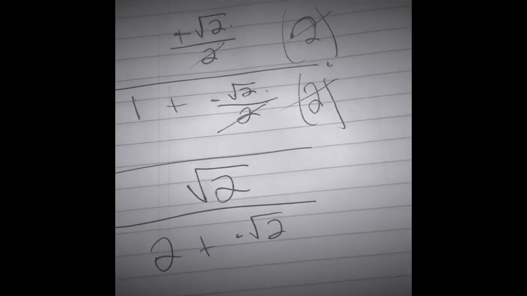Remember this is all under a square root. From here we can figure out that this is actually 1, so this becomes square root of 2, so we get 1 plus square root of 2. And that's tangent of 67.5.